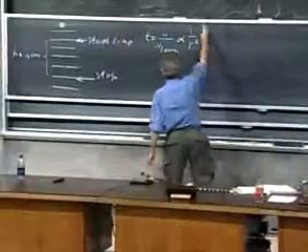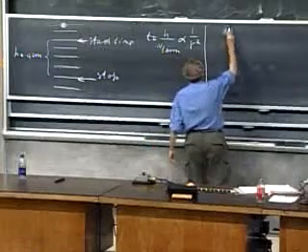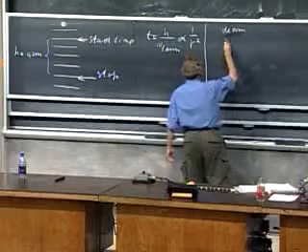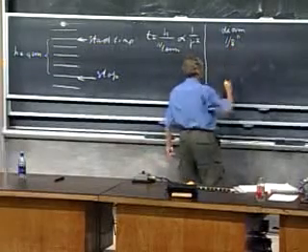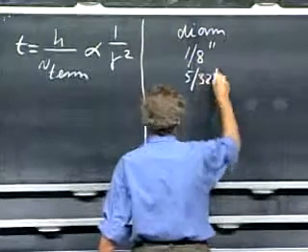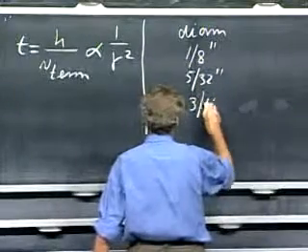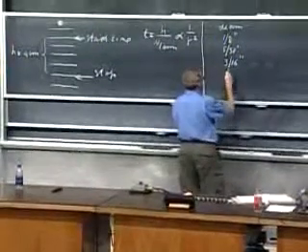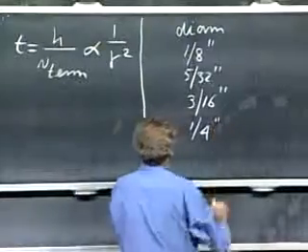So we're going to get a list here of the diameters of the ball bearings, and their diameters are in inches. My smallest one has a diameter of 1/8 of an inch. Then I have 5/32, I have 3/16. All these things come in inches, that's one of those things, and I have 1/4 inch diameter.